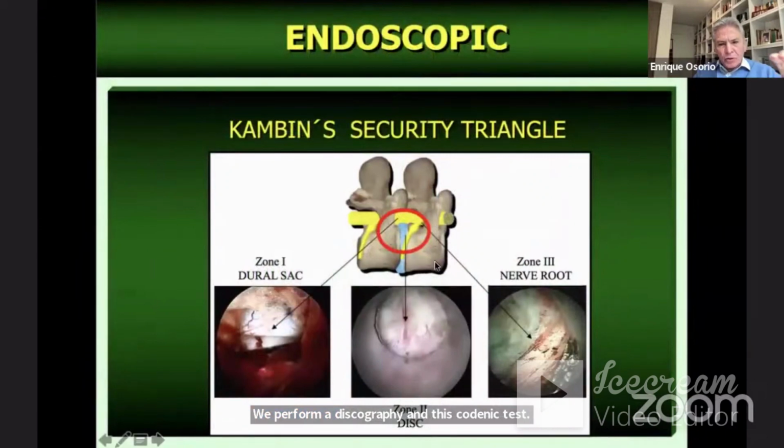And we also have to keep in mind the Kambin security triangle, where in the top we have the dura mater, in the side we have the root, and in the inferior part, in the center, we have the disc.